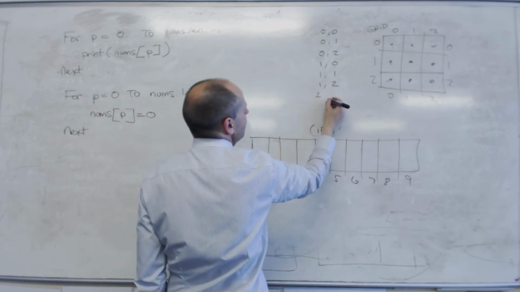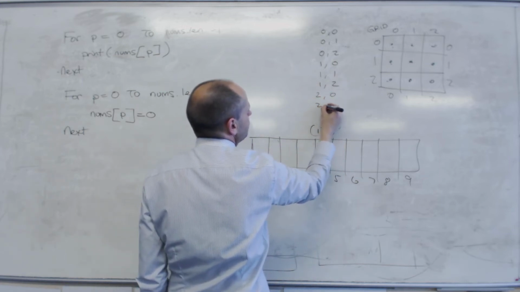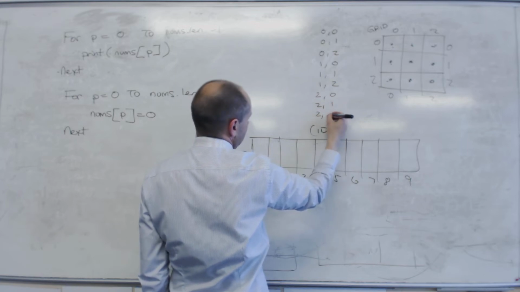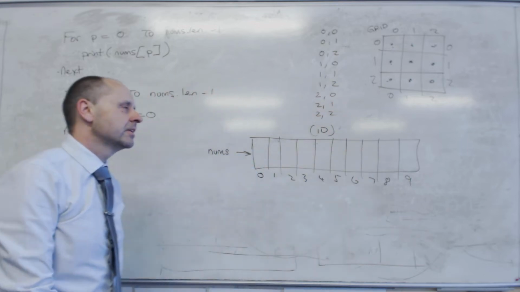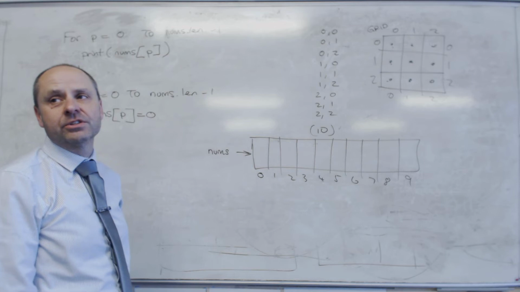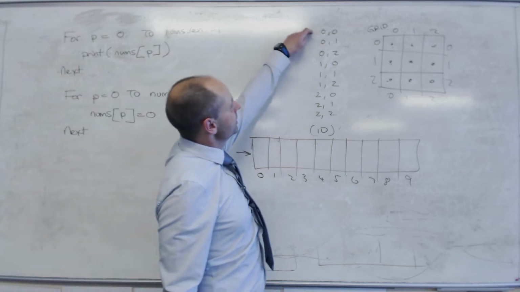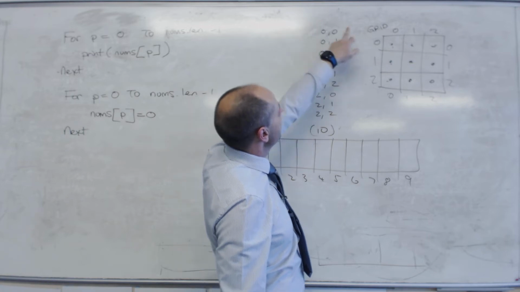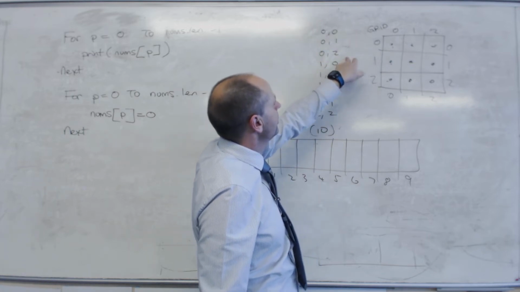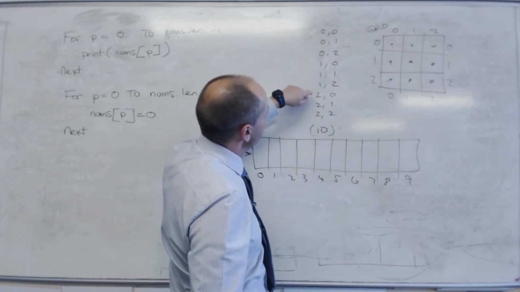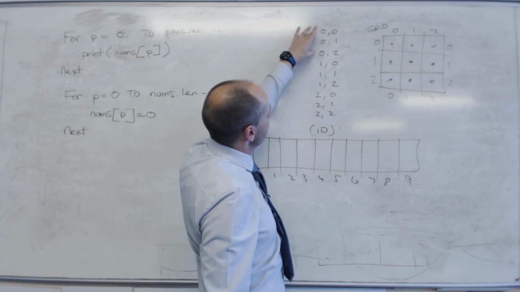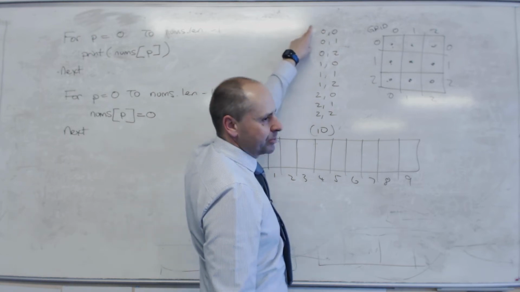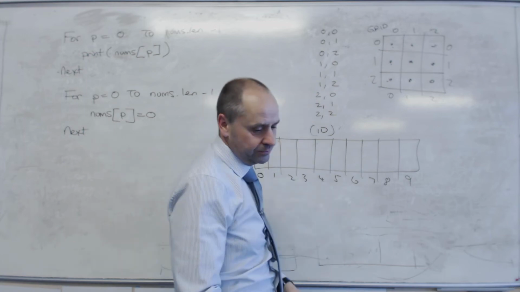Then we're going to finish off with row 2, column 0, row 2, column 1, row 2, column 2. Now what you've got to identify is two sequences. There is a sequence of rows, and for each row we then go column 0, 1, 2. In order to generate that row sequence, we need a loop from 0 to 2.